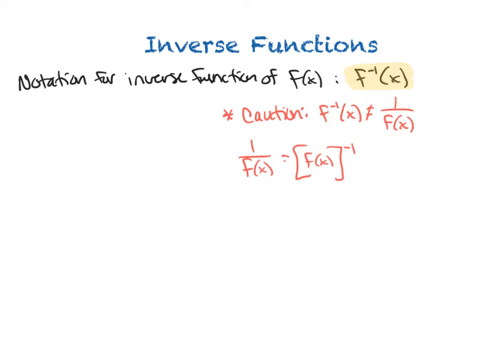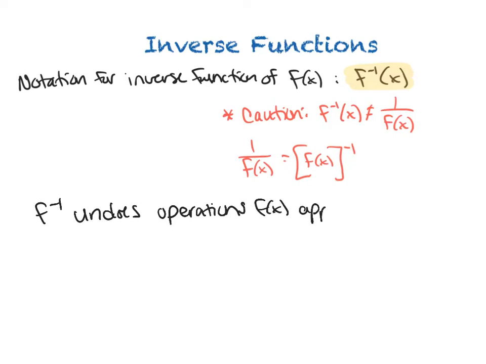Okay, so now here's the main idea of what an inverse function is. An inverse function, or f inverse, undoes all of the operations that f of x applies to x.